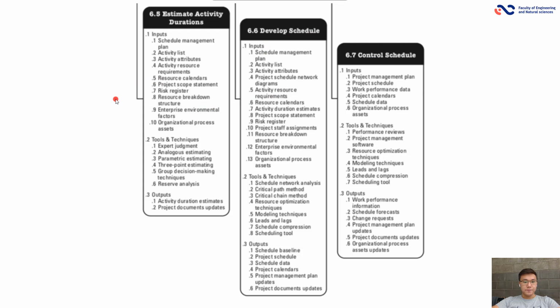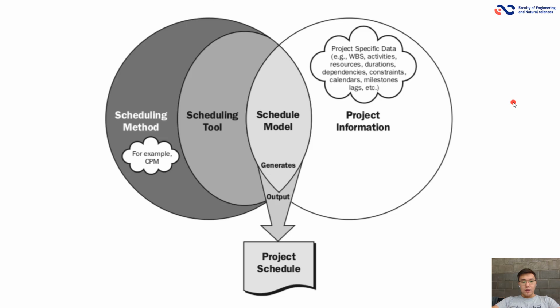Here in this picture, you can see what kind of topics are included on inputs, tools and techniques, and outputs of each part. Here we have some circles: schedule methods, schedule tool, schedule model, and the project information.